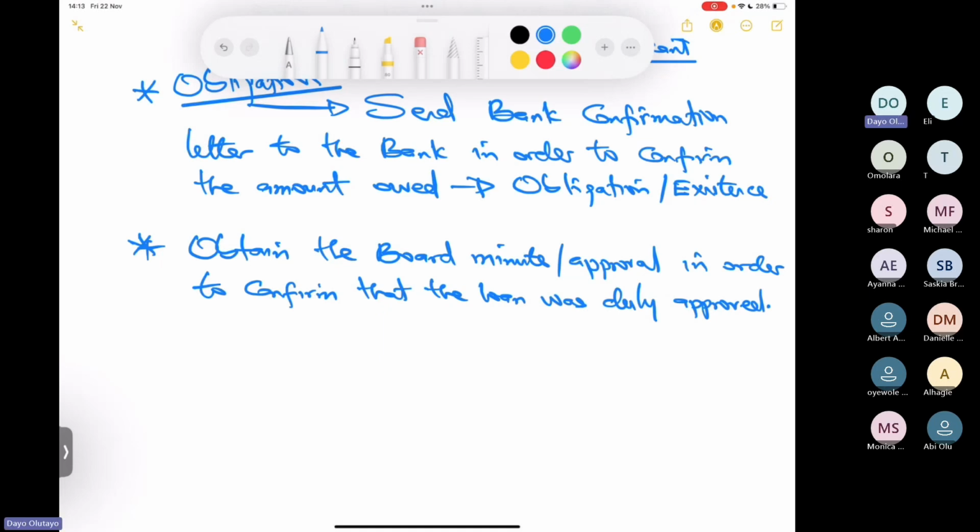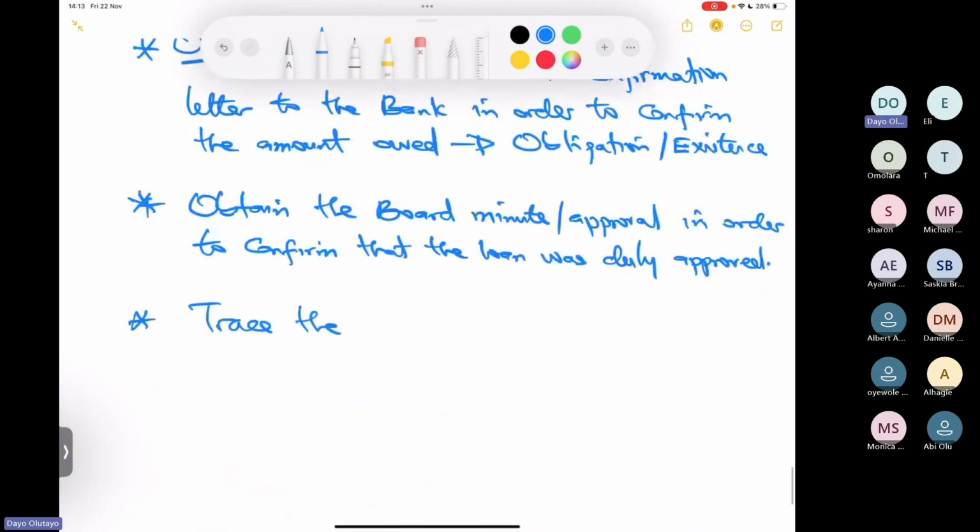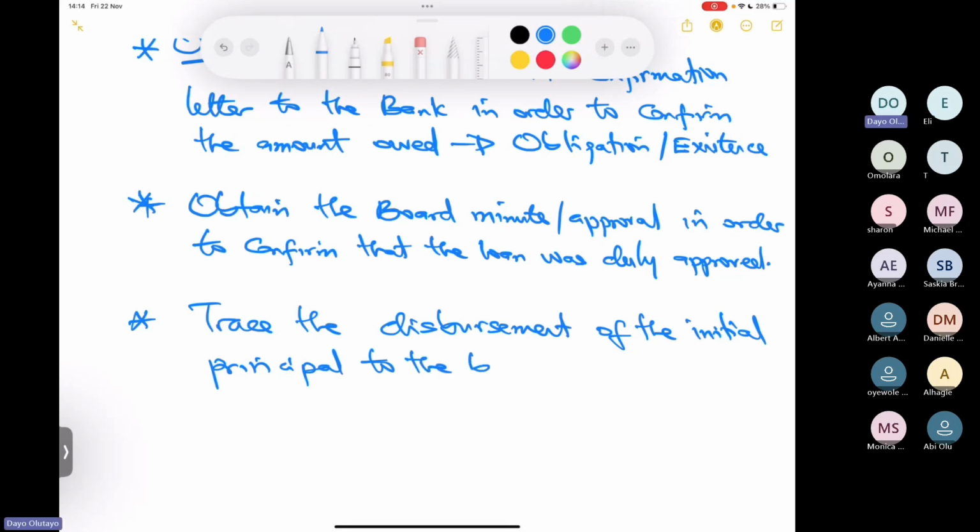Another thing you can do is to trace this opening balance. And if it was a loan that was given during the year, you should trace the disbursement of the initial principal to the bank statement, just to be sure that truly they got a loan, to confirm its origination.